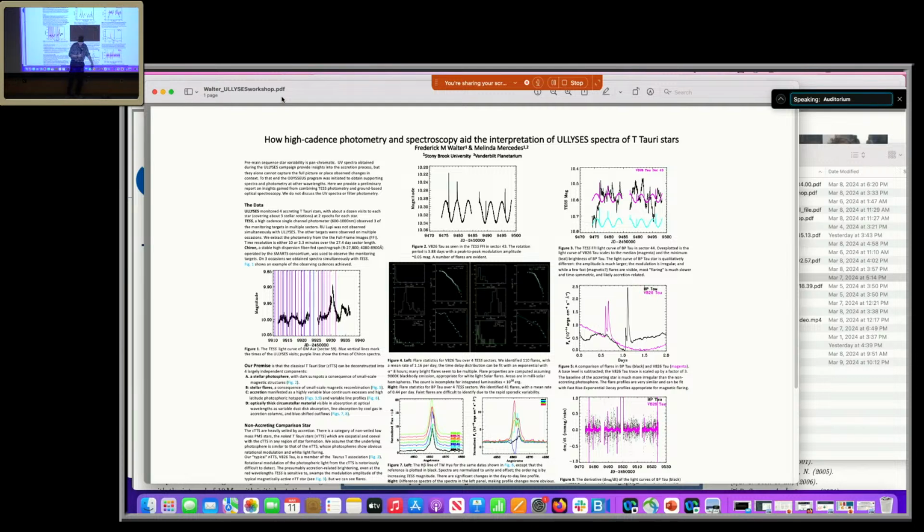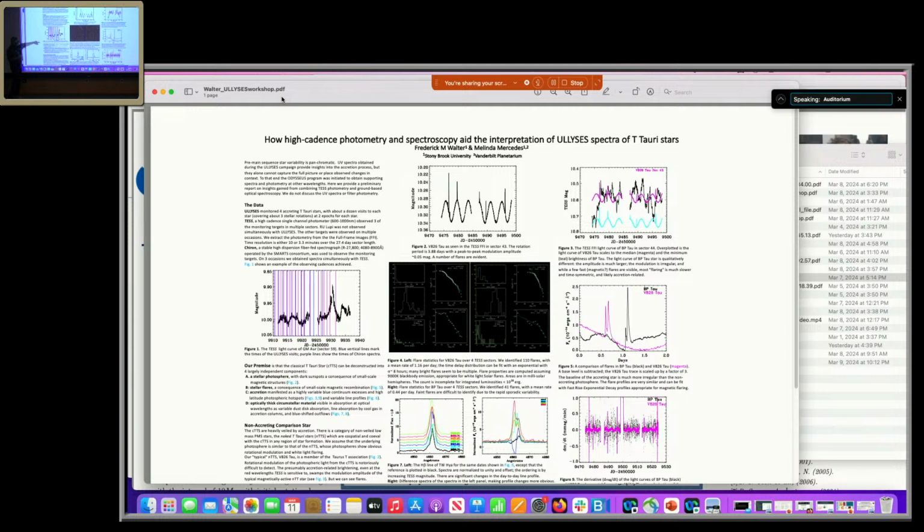In black is the T-Tauri star. You can read the details on the poster. You can see flares up there, flare statistics. Here's a TESS light curve showing in blue when HST observed as part of ULLYSES, in purple when I got optical spectra. I'm not going to solve any problems tonight, or today, or this week.